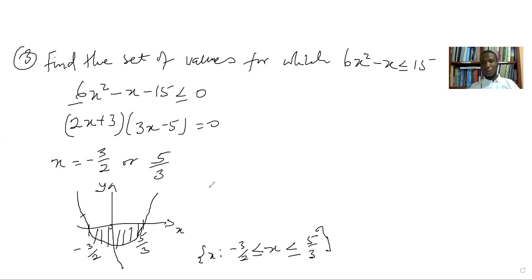So this is where I bring today's lesson on how to solve quadratic inequality to an end. But before I end, let me just give you some few questions to go and try your hands on. Just spend the next 2 minutes to take the questions. So try the following questions.